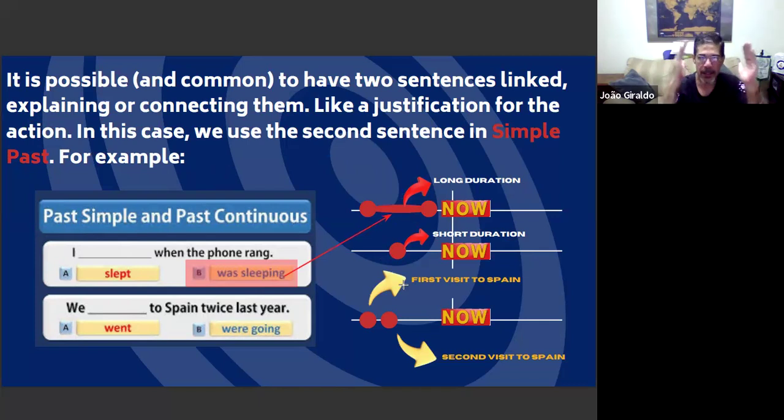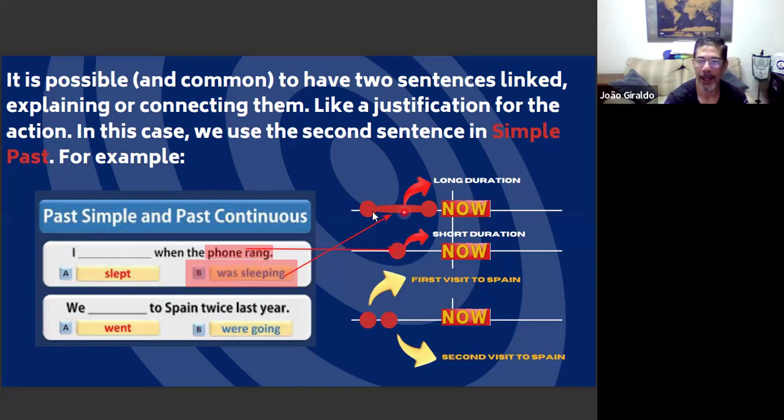In the moment of this sleep, during this moment I was sleeping, another action occurred. What action occurred? The phone rang. Okay, so in the duration I was sleeping, another action occurred.